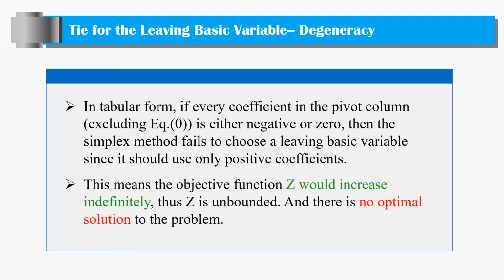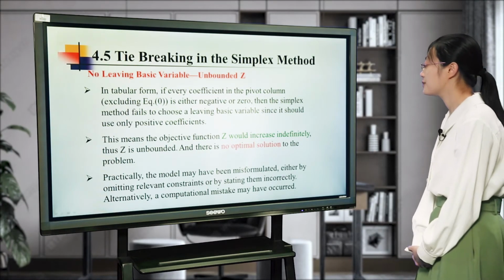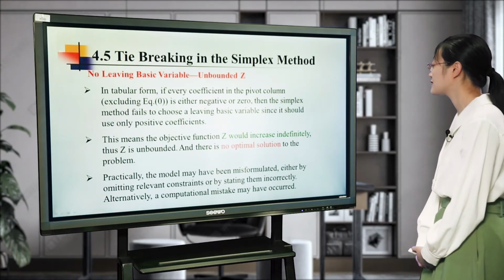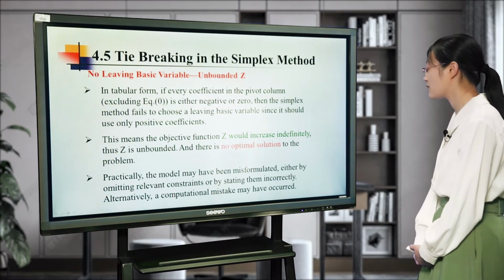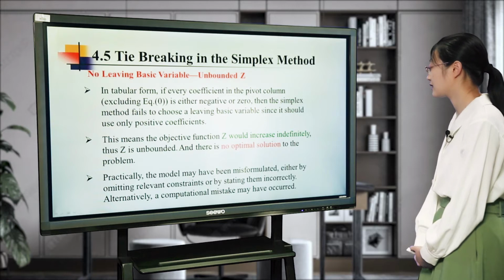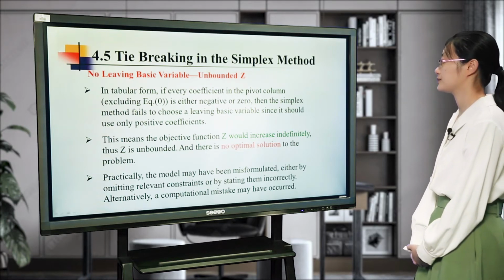This result actually means that the objective function z would increase indefinitely, thus z is unbounded, and there is no optimal solution to the problem. Practically, if there is no optimal solution, this means the model may have been misformulated, either by omitting some relevant constraints or by stating them incorrectly. Alternatively, a computational mistake may have occurred.